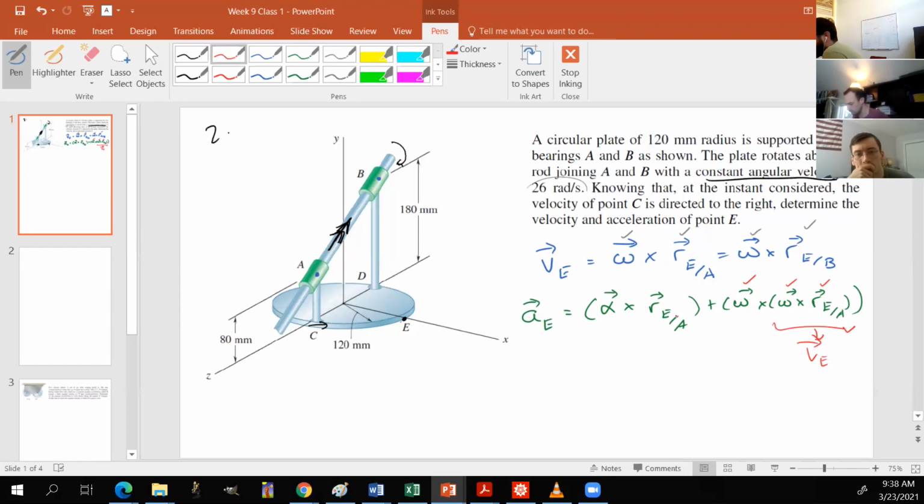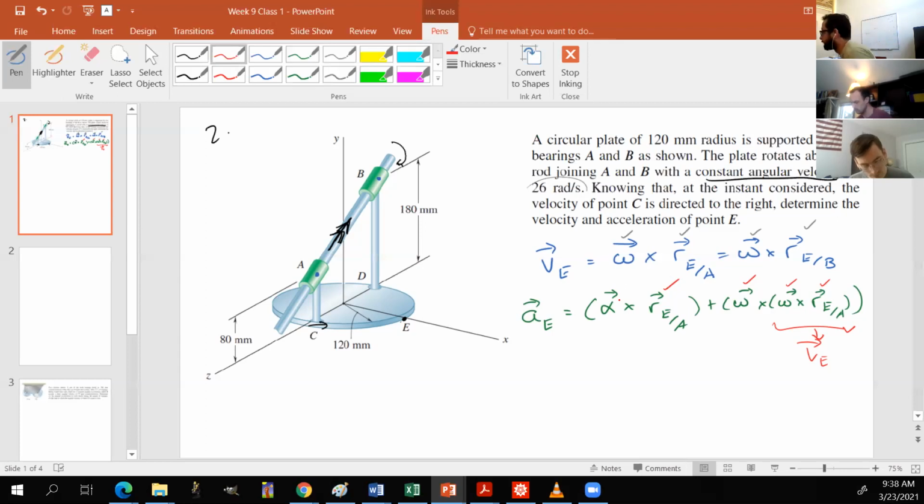What about this term over here? This obviously is a position vector, easy peasy. What about the angular acceleration? What do we know about the angular acceleration? Zero. Why?